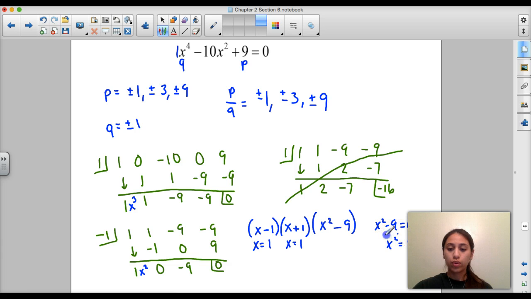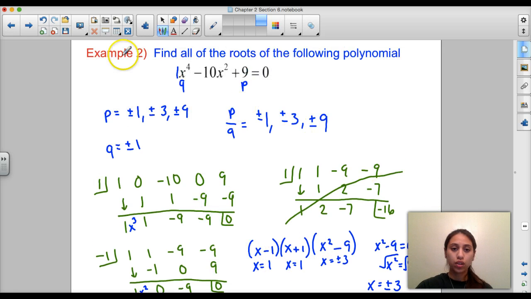We take the square root of both sides, and you'll find that x is equal to positive or negative 3. So that is two real roots there, 3, 4. That's exactly what we should have got. X to the 4th means there are 4 roots.